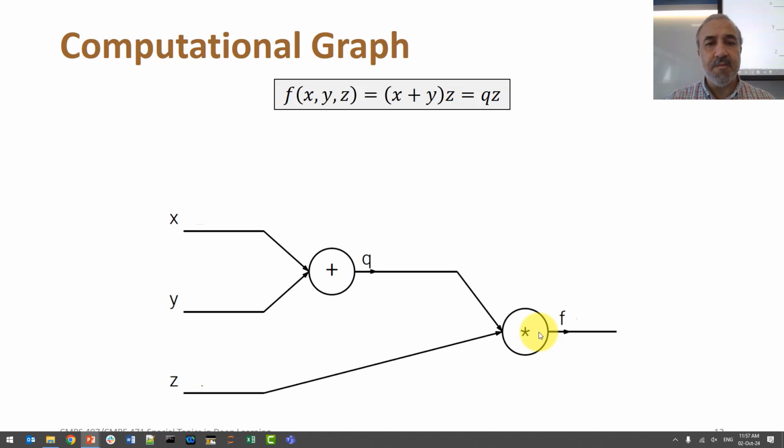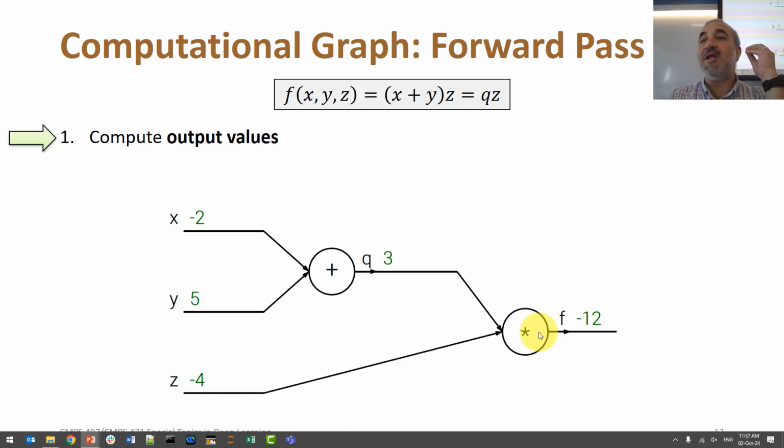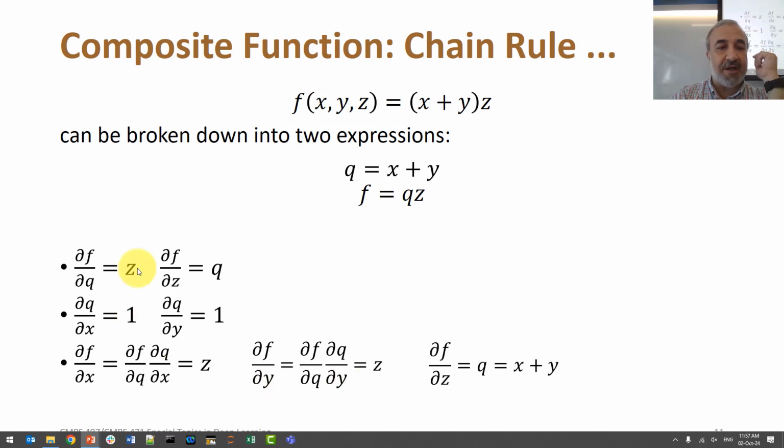Now, to compute the derivatives, we will do it in 3 or 2 steps. We can combine the first 2, but let's say 3 steps. The first step we call the forward pass. Remember, when we compute the derivatives, we need to know the actual values of the inputs, right? Because as you saw, the derivatives depend on the values of the inputs, here z and q and so on.